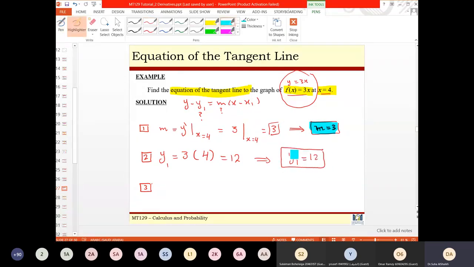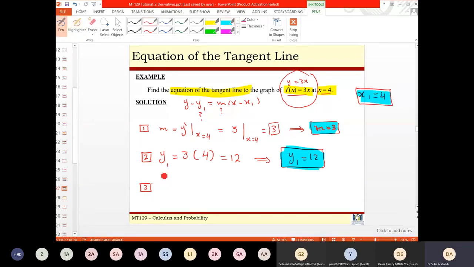I've got it all now. I have the m, the slope, and I have the x1. It's given here. It's equal to 4. And I have the y1 now.